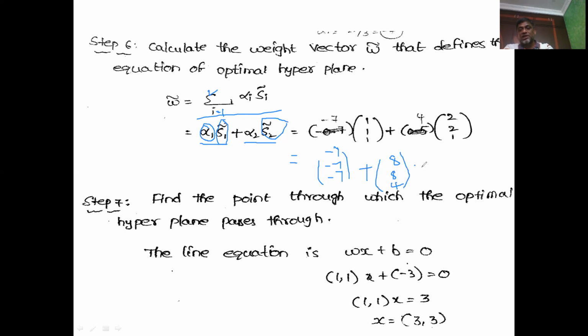So what is the resultant vector we get? It is -7 plus 8, which is 1, -7 plus 8, which is 1, and -7 plus 4 is -3.